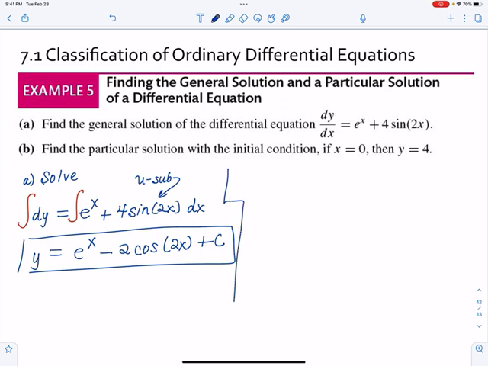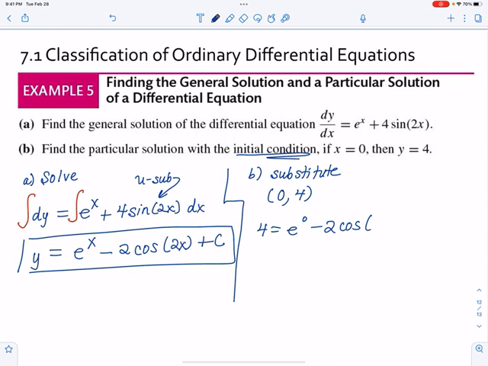Now my initial condition, the book says it here. So with my initial condition, I'm going to substitute, and I will have 0 for x and 4 for y. That will give me 4 equals e to the 0 minus 2 cosine of 0 plus c.